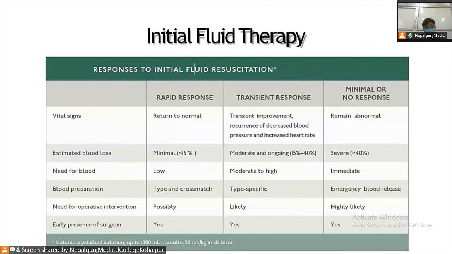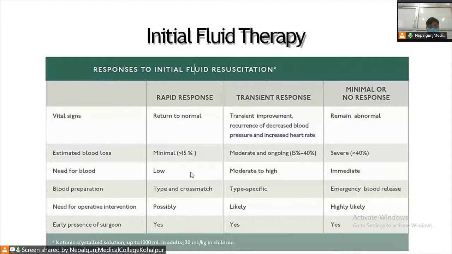So how will you assess whether it is effective or not? Then we go for rapid response, transient response, or minimal or no response. We look at the vital signs, estimated blood loss, need for blood preparation, need for operative intervention, and early presence of a surgeon. These are the criteria that we need.